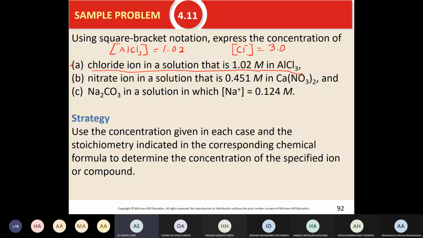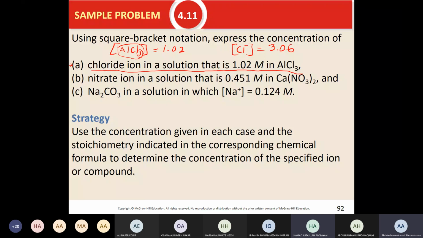3.06. Doctor, isn't it the other way around? No, one AlCl3 is one compound. This is aluminum chloride, but it will give you 3 chlorides. We don't write the 3 here; we multiply it by 3.